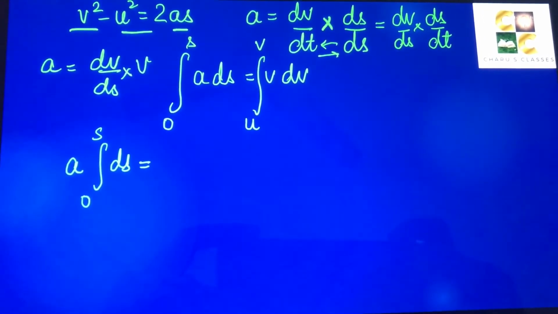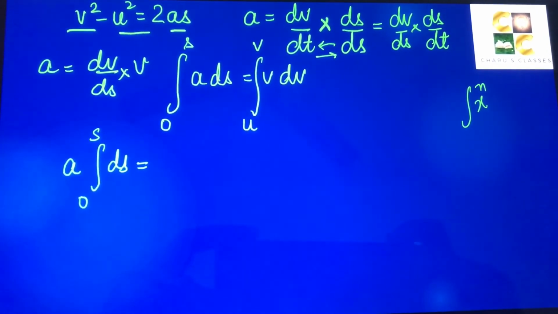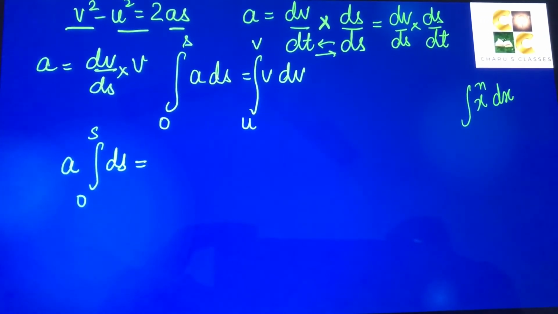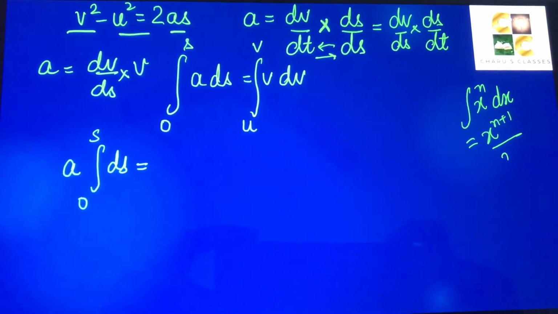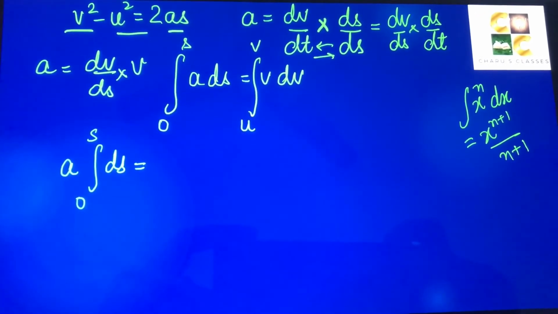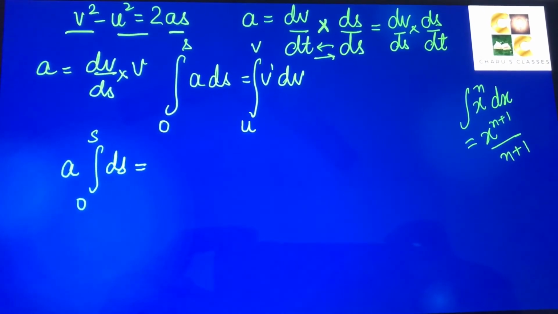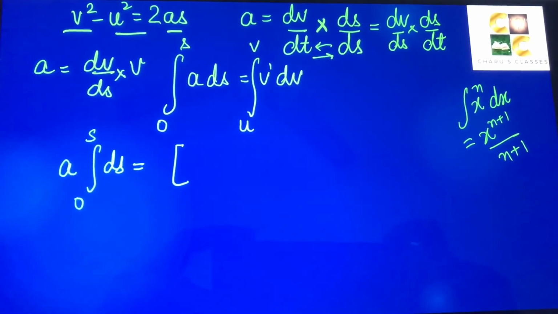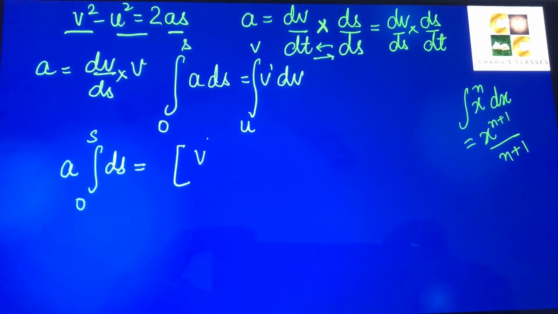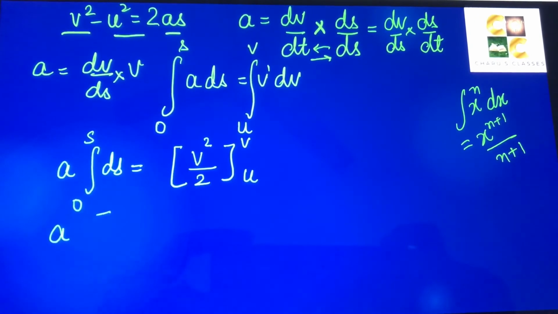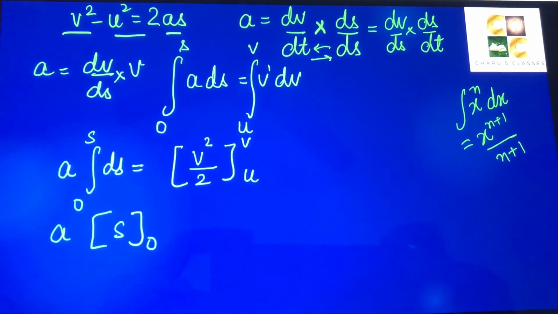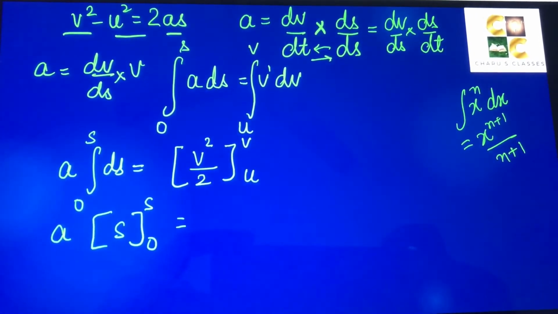So again we are going to use the same integral formula. Integral of x to the power n dx is x to the power n plus 1 by n plus 1. Now here the power of v is 1. So we can write it as v to the power 1 plus 1, which is v square by 2 between u and v. Here we have a, integral of ds will be s.